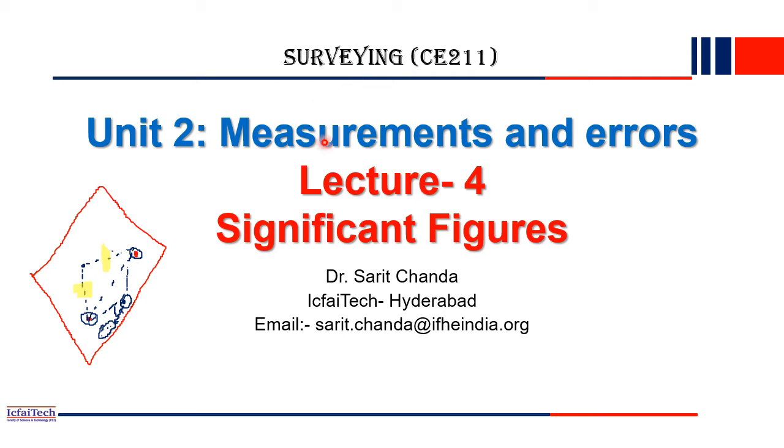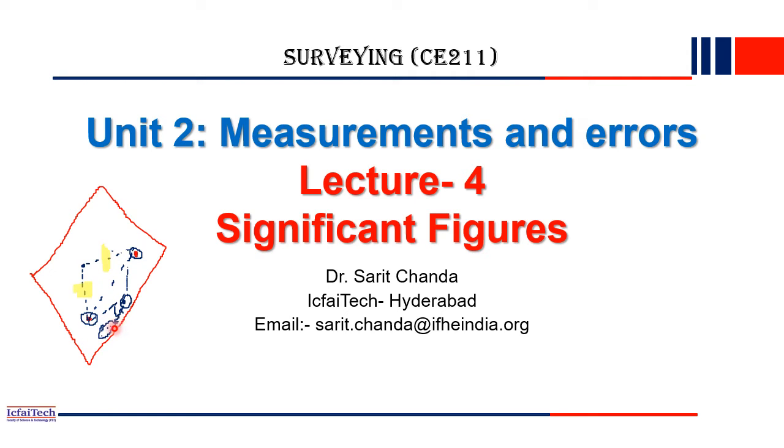In this lecture, Unit 2, measurements and errors, we will be discussing measurements and errors, because measurement is a key parameter in surveying. Whenever we go to the field, we take many measurements. If we make any error in a measurement, you can see this error will cumulatively increase. If you have some error in this distance measurement, and from this point you take another measurement, that also will be wrong and have some error.